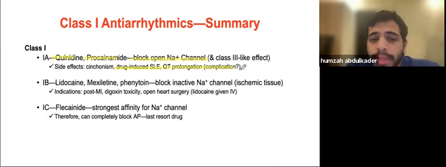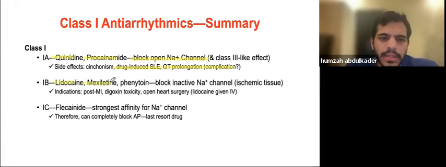What is the complication of QT prolongation? Yes, torsade de pointes. Exactly. In drug-induced SLE, you'll see antihistone antibodies. That's probably not important for you right now, but it'll become important when you do the MSI block.